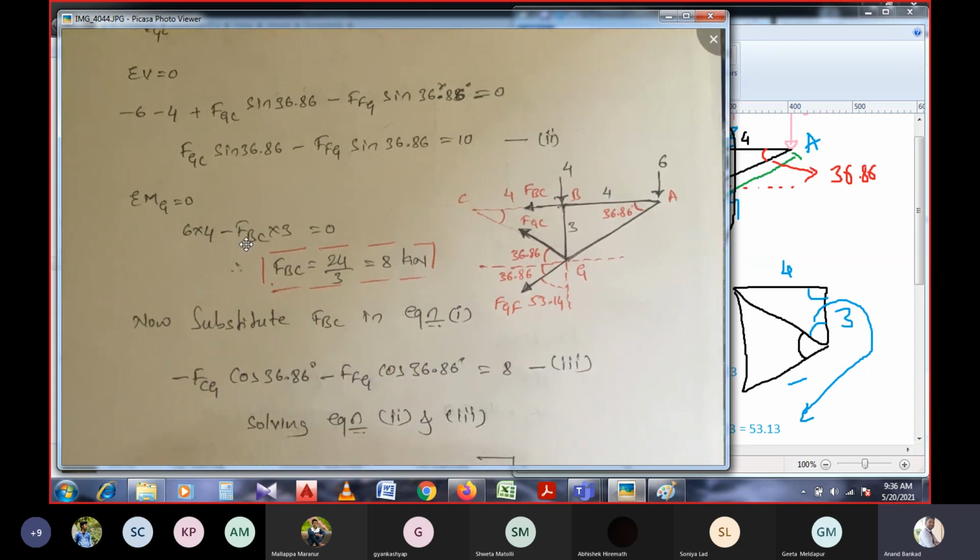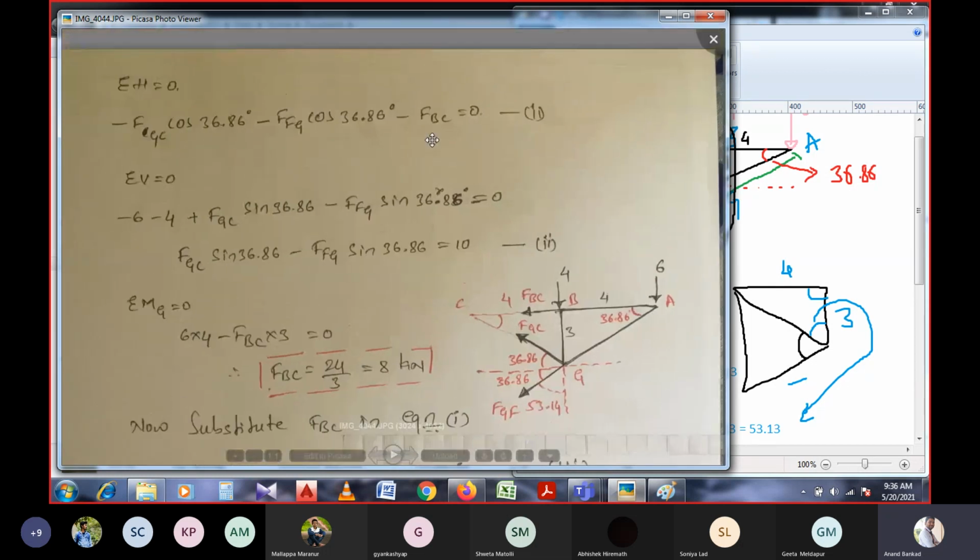So FBC we can determine: 6 into 4 is 24, and both are positive now. So 24 by 3 will be 8 kilonewton of total force in FBC.